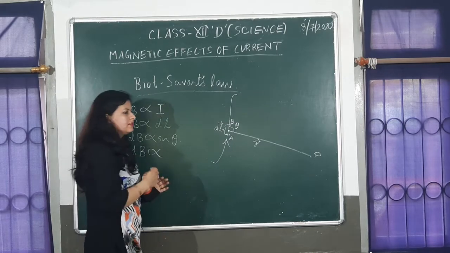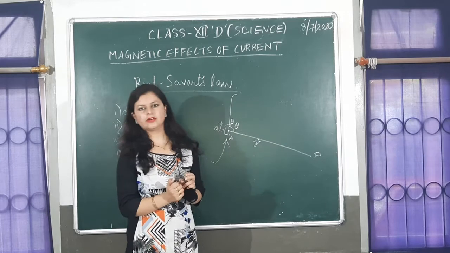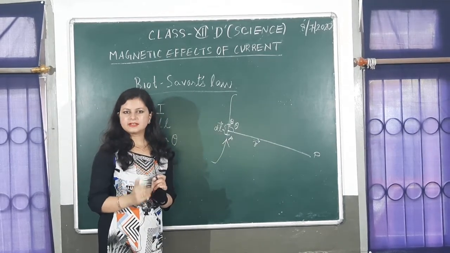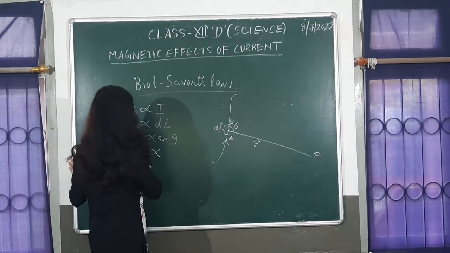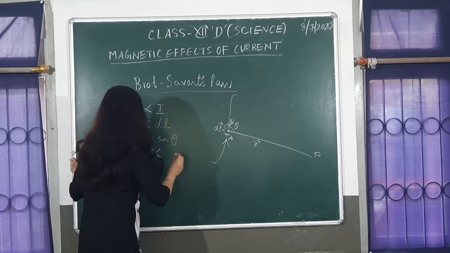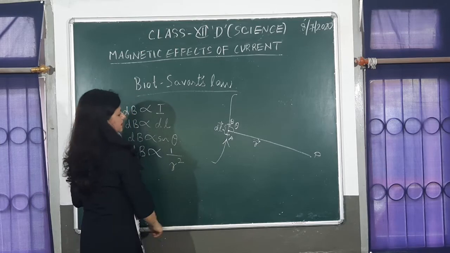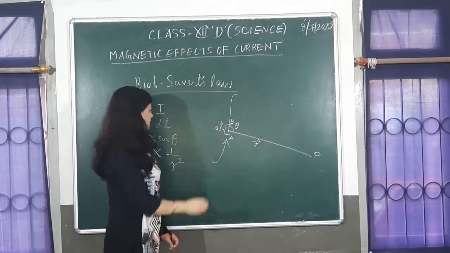Inverse square law means if you increase the distance, the value keeps on decreasing, like your gravitational force: if the distance is more, the force gets reduced. Like that, magnetic field induction at the point P is inversely proportional to the square of the distance between the current element and the point P.